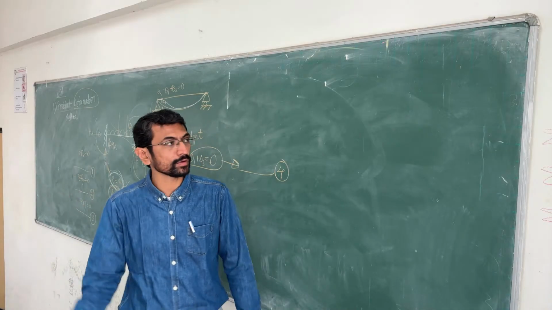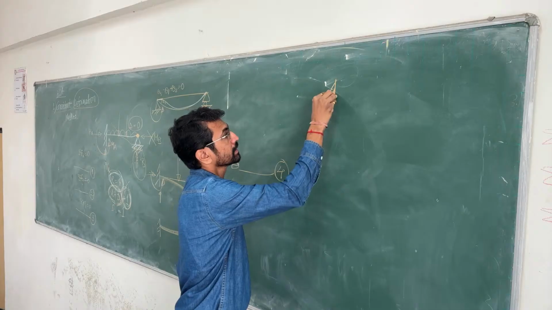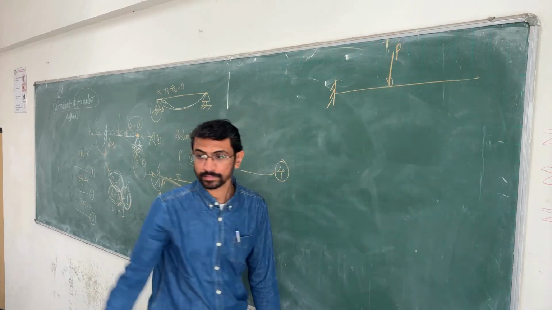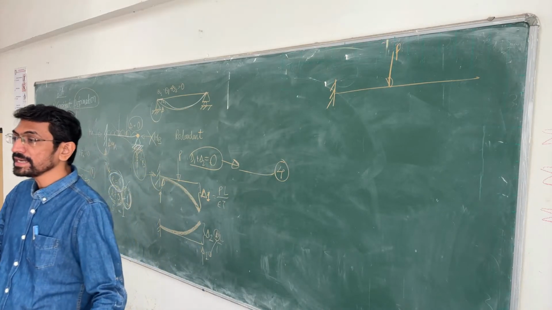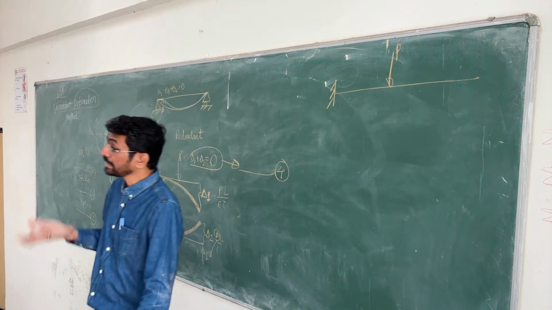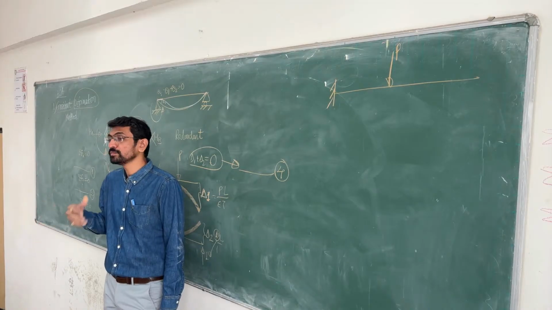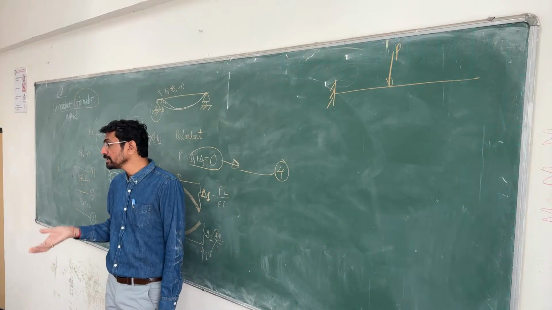I am just giving you a brief about moment area method. Right? As the name suggests, moment area. It means that we have to take moment of area. What is moment? Something into perpendicular distance.